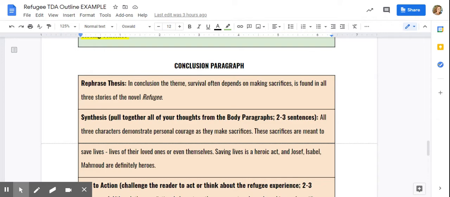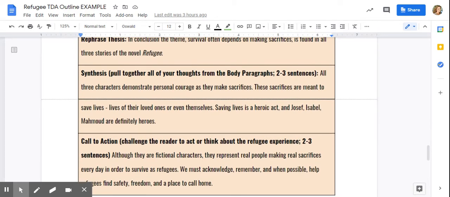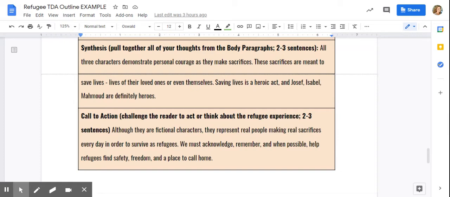And finally, you've made it to the final part of the conclusion, which is a call to action. Now, when you end an essay, you always want to leave your reader thinking about your ideas. So you give them something to think about. And when you're making an argument, sometimes it's like persuasive writing.